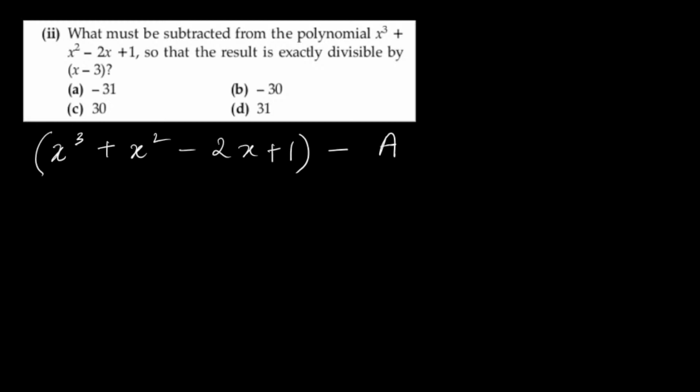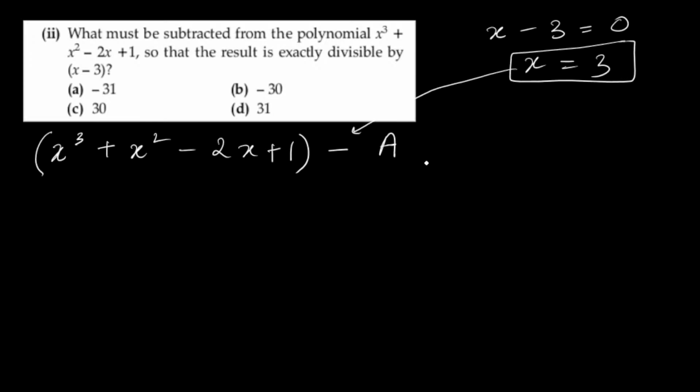See, it's given to us as x minus 3. If you are dividing with x minus 3, that means from this you can find the value of x. So x minus 3 is equal to 0, so x is equal to 3. Now when you are substituting the value of x as 3, you will be getting remainder equal to 0. That means f of 3 is equal to 0.